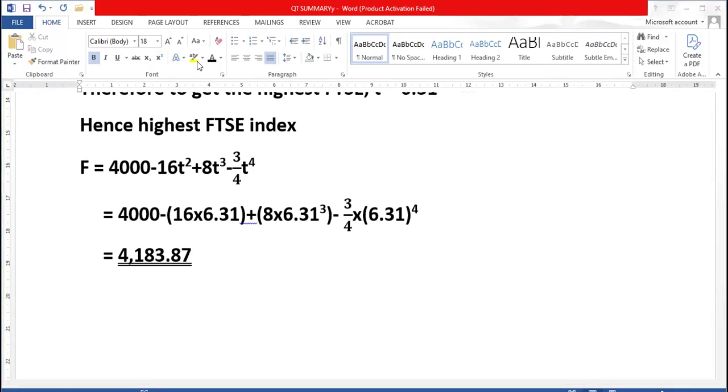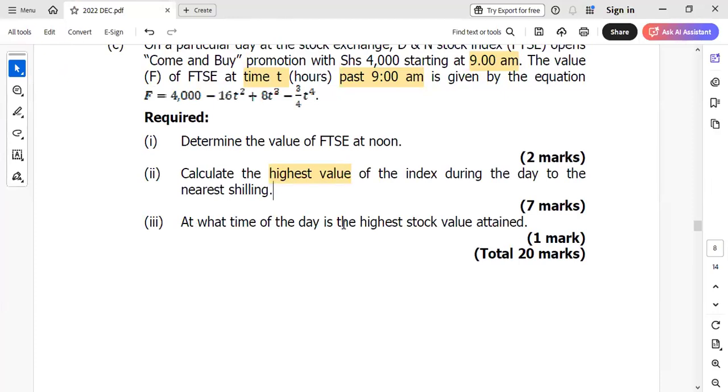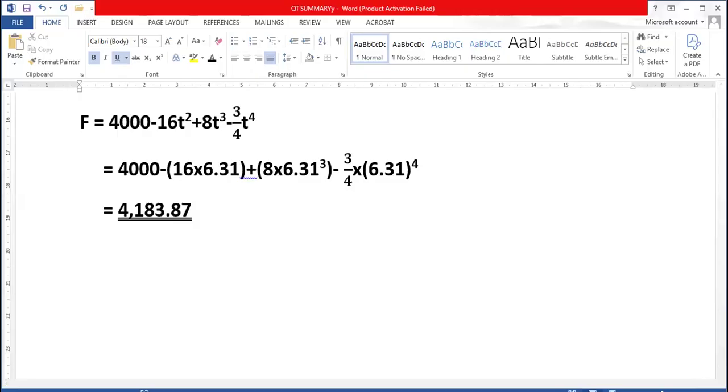Last part, Part C. At what time of the day is the highest stock value attained? This question was good. So the time will be what?